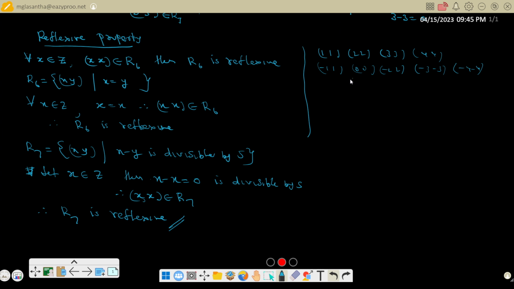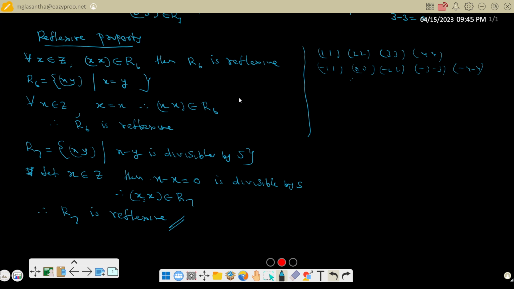Right? Now R6 and R7 are infinite relations, so you cannot inspect member-wise. Just inspecting all members, you cannot check whether it is reflexive or not.